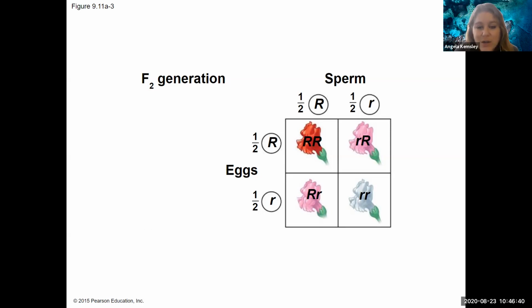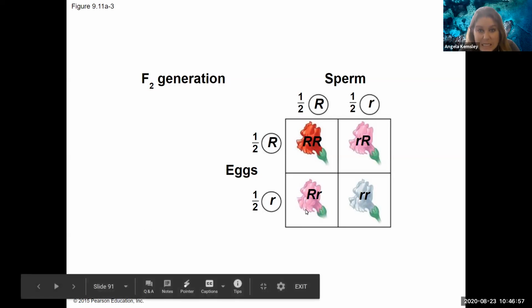So in the F2 generation, since the F1 generation was heterozygous and is still passing on big R and little r, the offspring that are homozygous dominant, that are big R, are still going to turn out red. Then we have our heterozygotes, which are going to turn out pink, and our homozygous recessive individuals that will still turn out white.